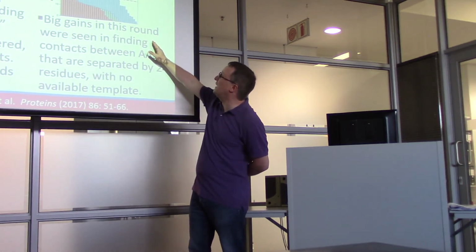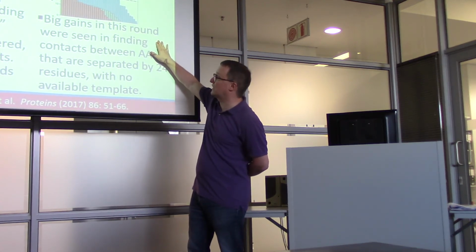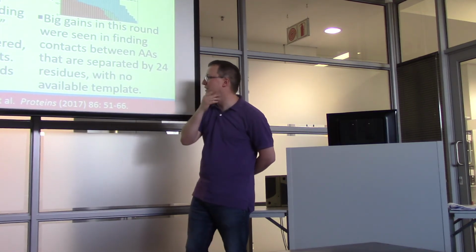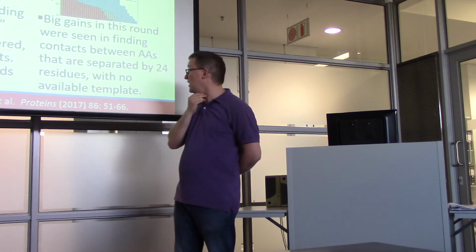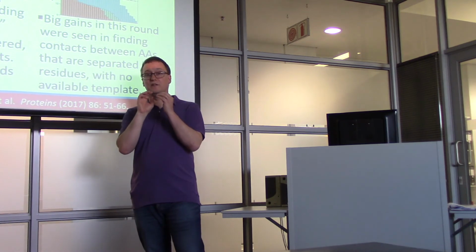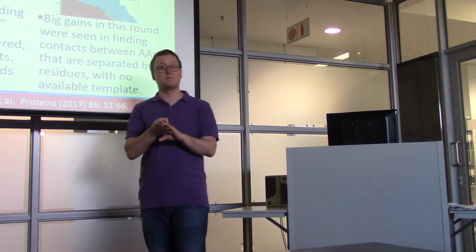All right, so what we find is that in the most recent edition, this 2017 edition of CASP, big gains were made in finding contacts between amino acids that are separated by 24 amino acid residues with no available template. So if you remember our friends, the catalytic triad, we had a histidine, a serine, and an aspartate.